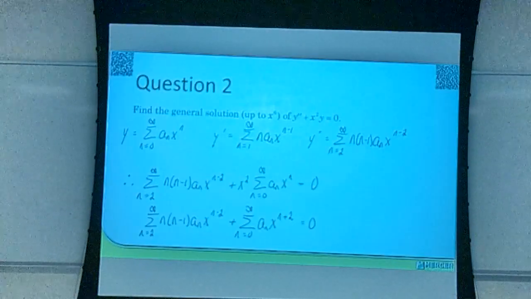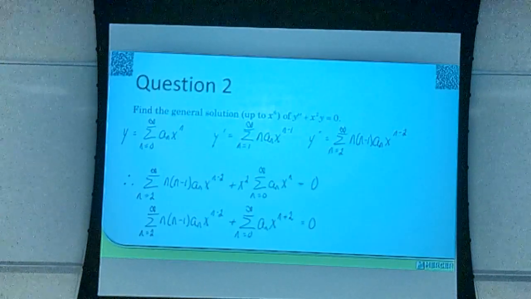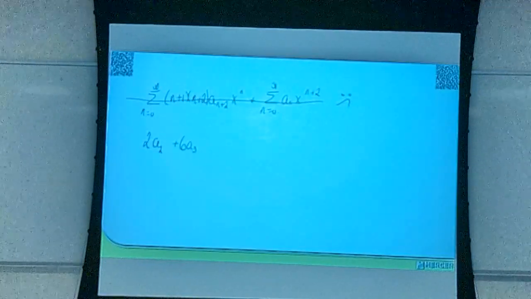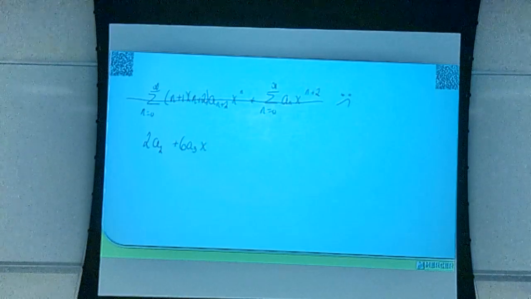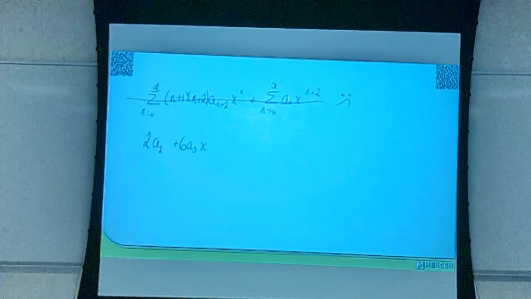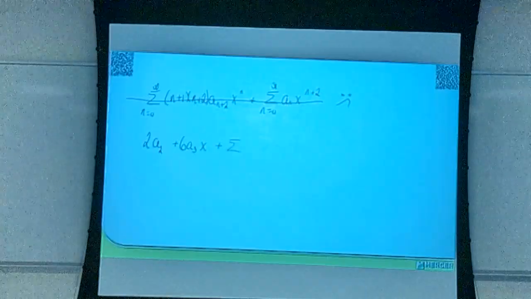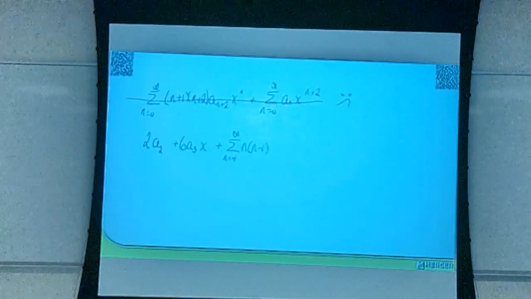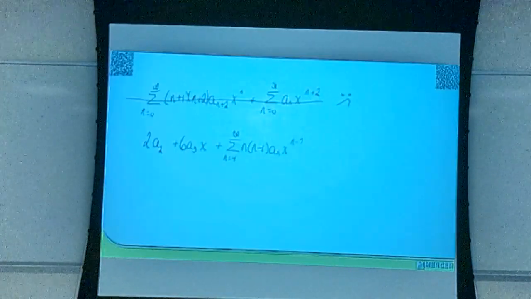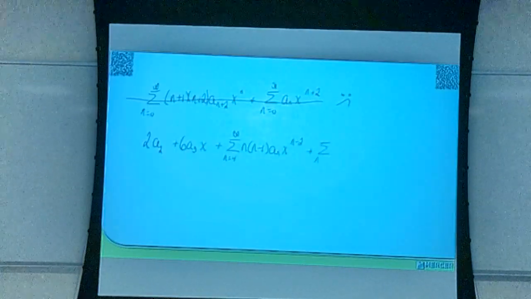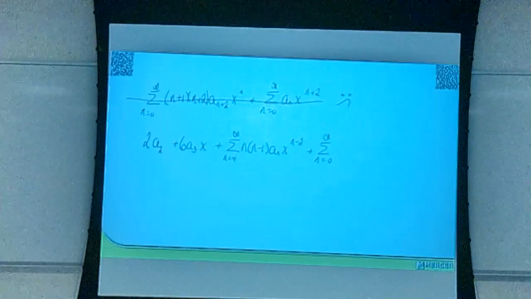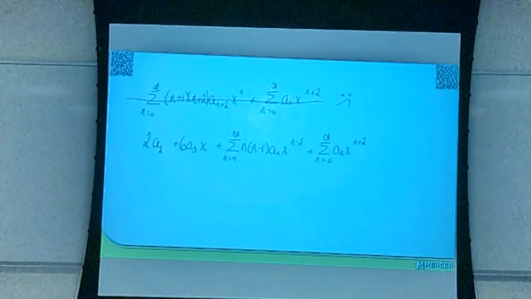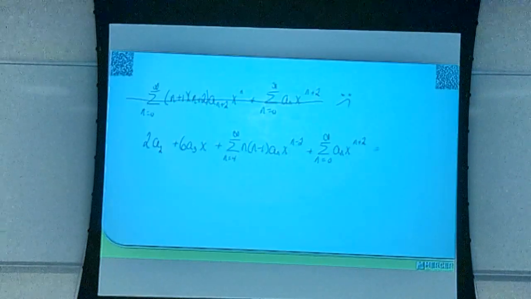N equals 3, it's going to be what? 3 times 2 is 6, A sub 3 x. That has to equal 0.